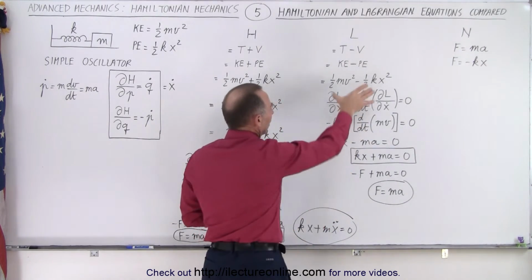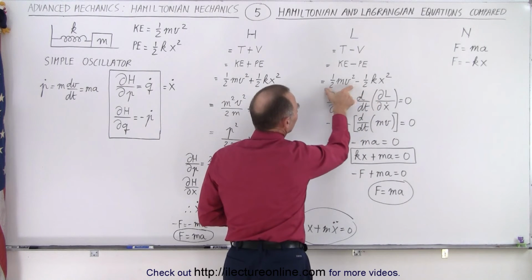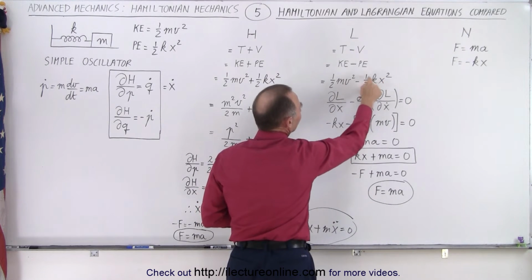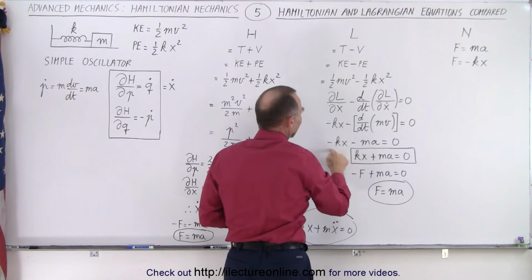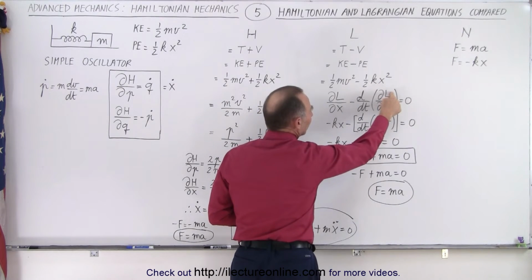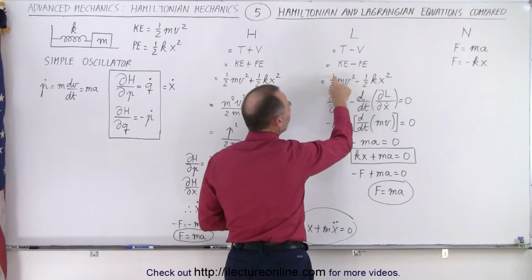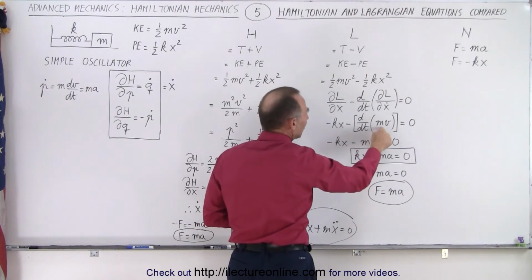And if we then do that for our equation up here, the partial derivative with respect to x, this goes to 0. Here we end up with negative 2 over 2 kx, or simply negative kx. And here we have minus the time derivative of the partial derivative of the Lagrangian with respect to velocity, which is over here. So we end up with 2 over 2 mv, or simply mv.